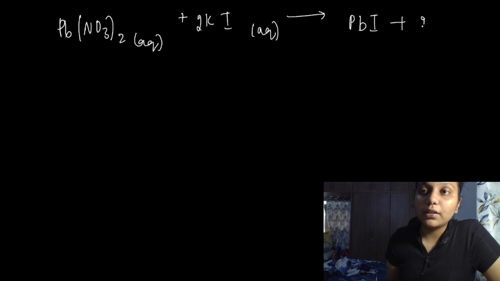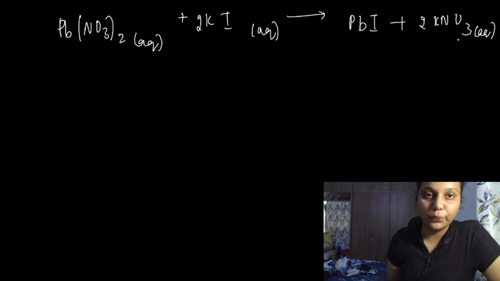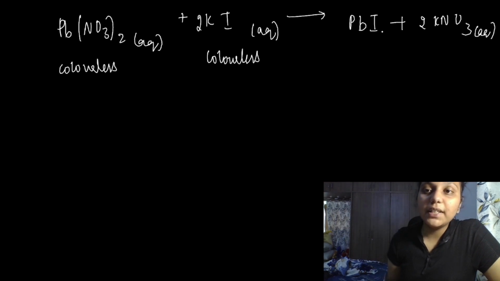Then potassium nitrate 2KNO3, which is also in aqueous form. And you must remember these colors. Lead nitrate is colorless. Potassium iodide is colorless. The precipitate which we get is PbI2, which is a yellow precipitate.